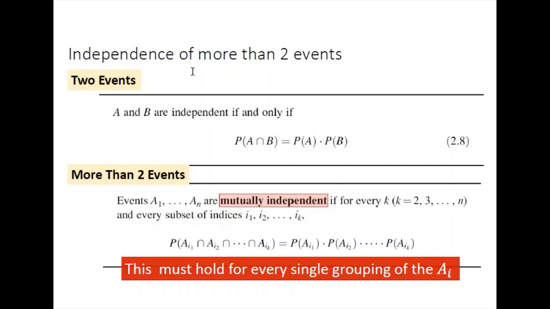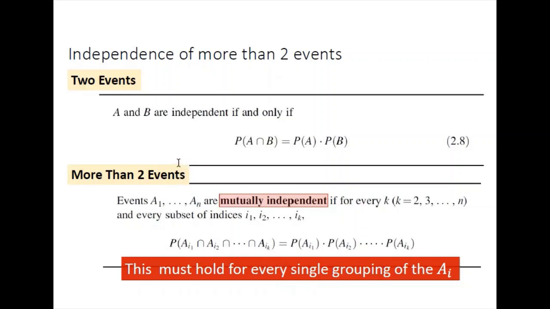Independence for more than two events. For two events, we discussed that A and B are independent if and only if the probability of A intersection B is the probability of A times the probability of B, or the probability of A and B both occurring is equal to the product of the probability of A and the probability of B. But what is the definition of independence for more than two events?